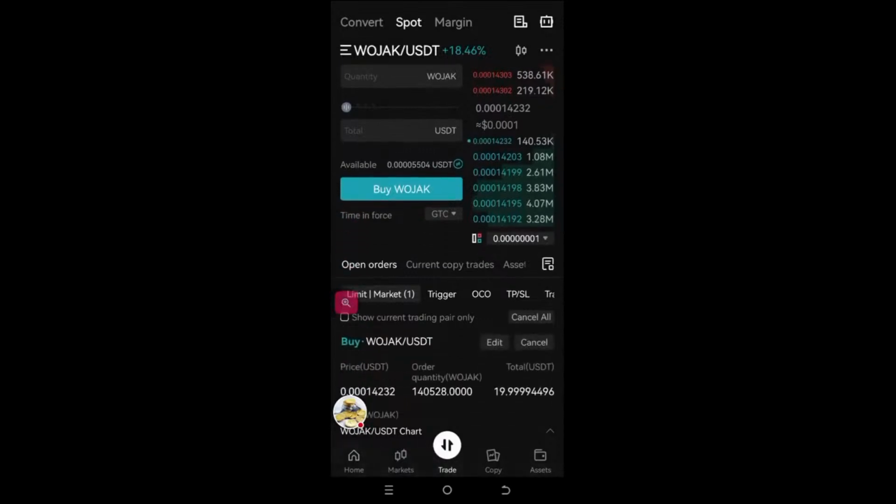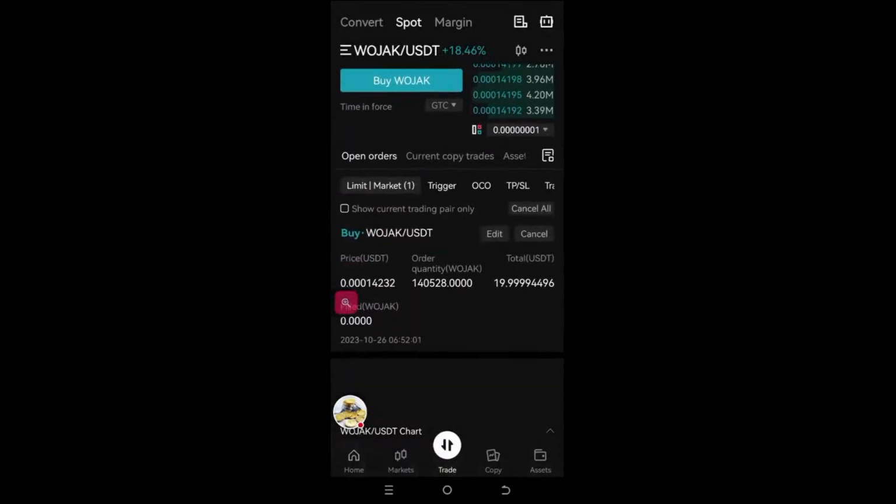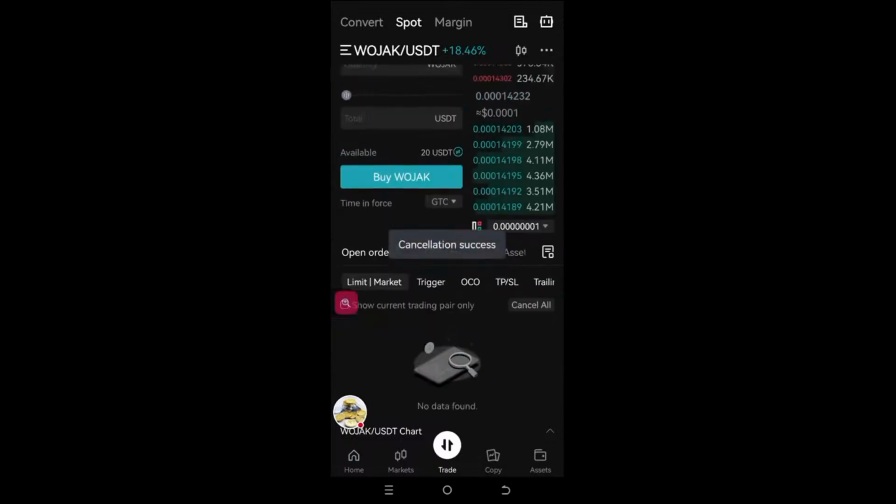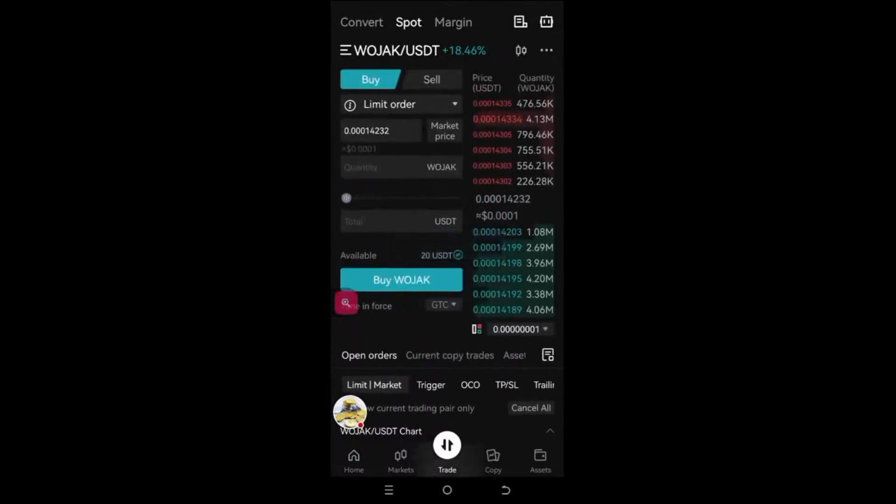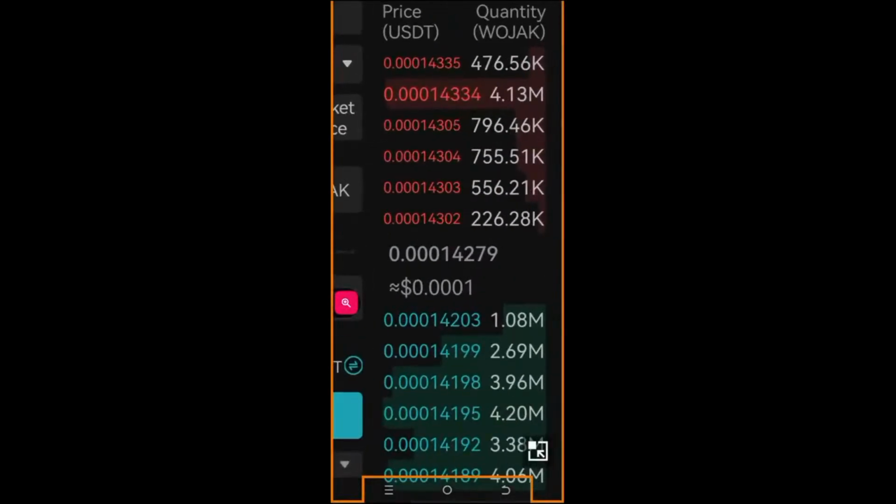Did it buy? Didn't look like it bought. Let me cancel it and go check what's going on in the order book. We'll have to buy it at a higher price. See, the higher price is 14302. That's the reason why.